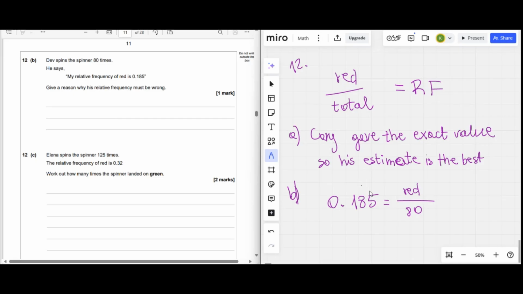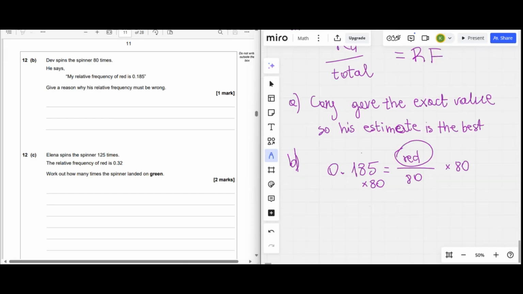Dev spins the spinner 80 times. Okay, and we need to find that red. To find that red, we need to get rid of this fraction on the right by multiplying by the denominator, both sides. Yeah, this is the equation. So red would be this. 0.185 times 80.